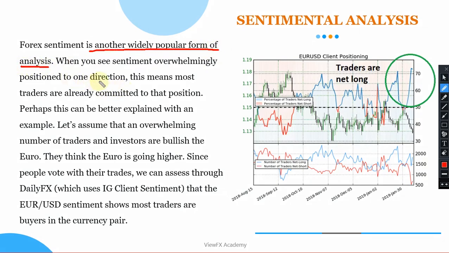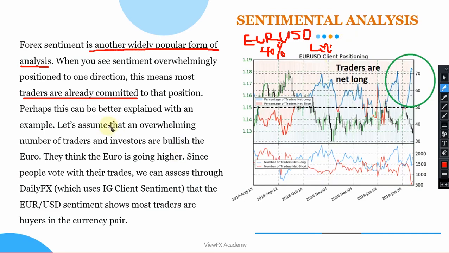When you try to see what other traders are doing, the currency pair they are trading, for example, you want to trade euro USD, then you log into a site that tracks the activity of most traders and see how many percent of those traders are long and how many percentage of those traders are shorting that pair. There you will make your choice on which one to go with.